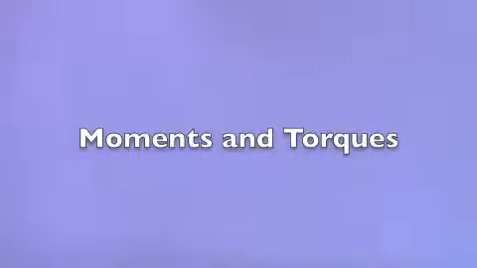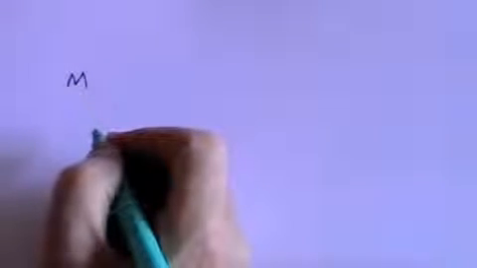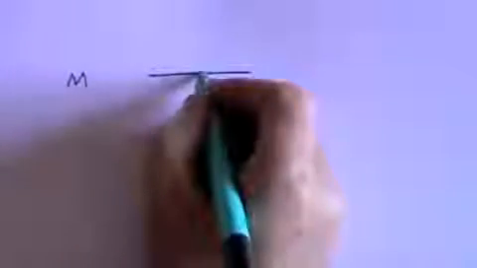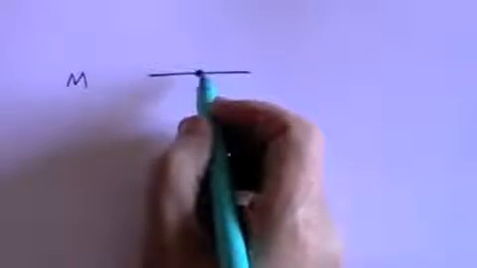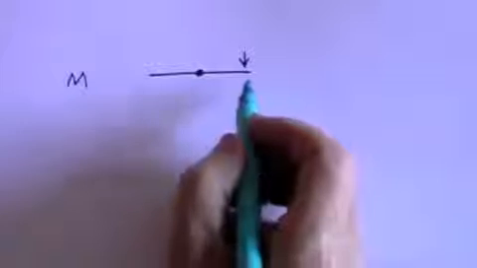And then finally, in this review of classical mechanics for A-level physics students, I want to look at moments and torques. A moment, which we often describe as capital M, is the turning effect of a force. Let's suppose that we have a bar with a pivot where it's actually fixed to the ground. If I apply a force here, what will happen?